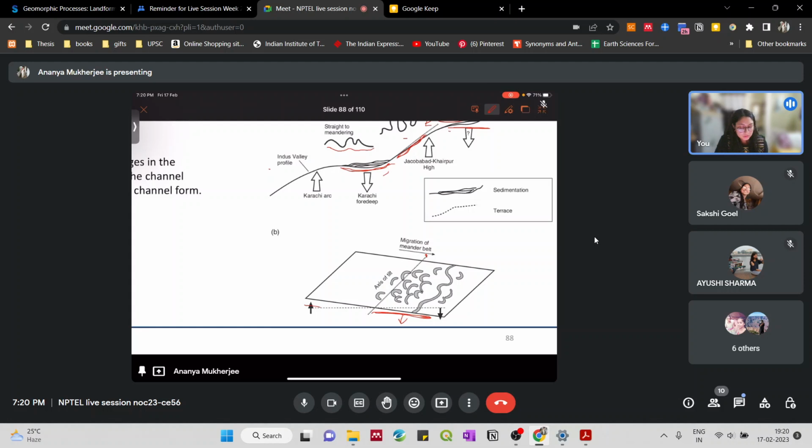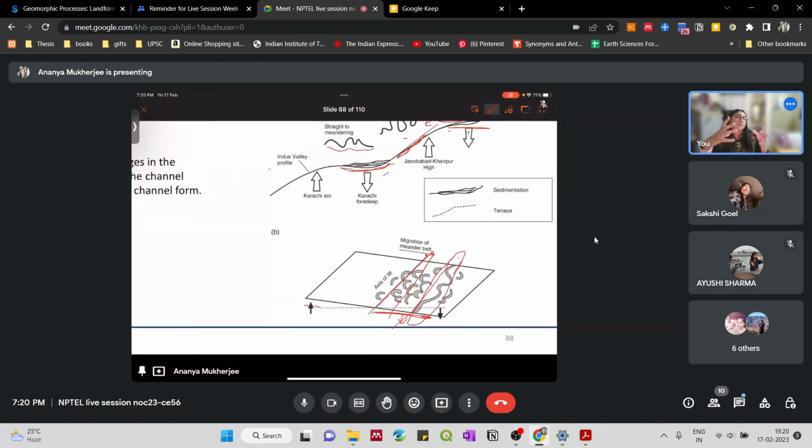Or suppose this was where the channel was first flowing, where it formed these meanders, then slowly the channel shifted, then again with subsidence it shifted here, and now the channel is over here.